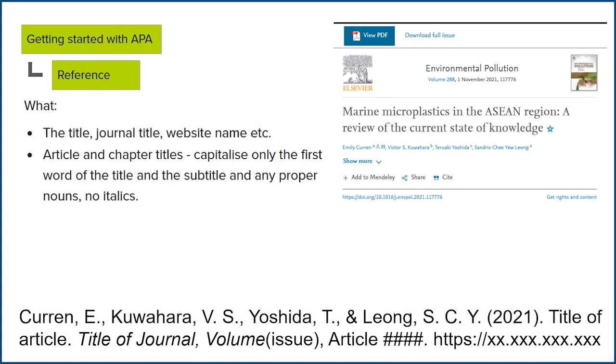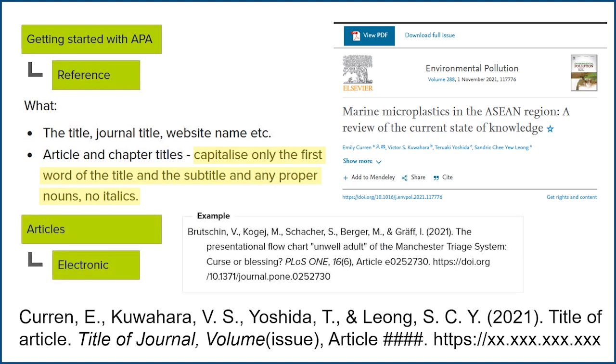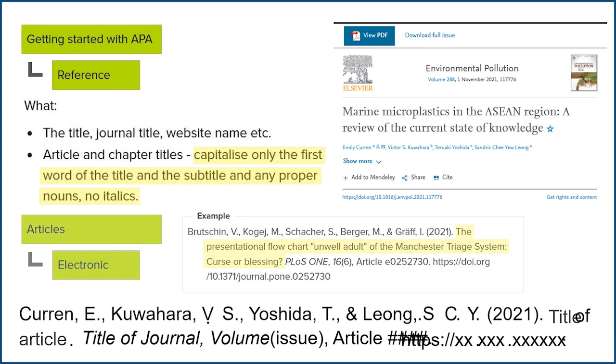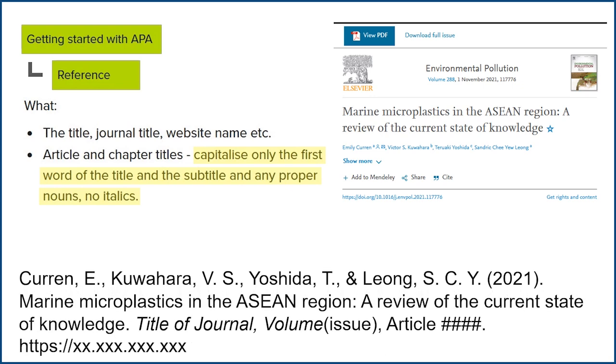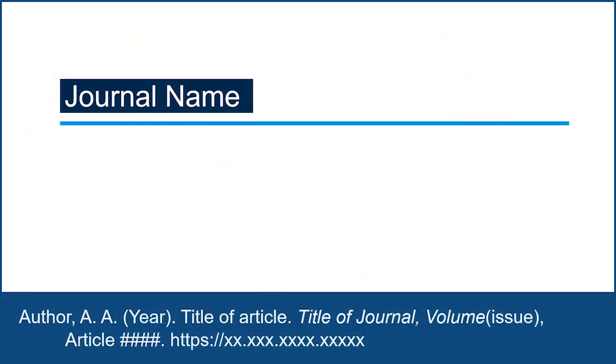The general rules on references tell us that article titles only have capital letters at the start of the title, the subtitle, and for any proper nouns. We can see this applied in the template's example reference too. So our article title has a capital M for marine, a capital A at the start of the subtitle, and ASEAN stays in capital letters with the rest in lowercase.